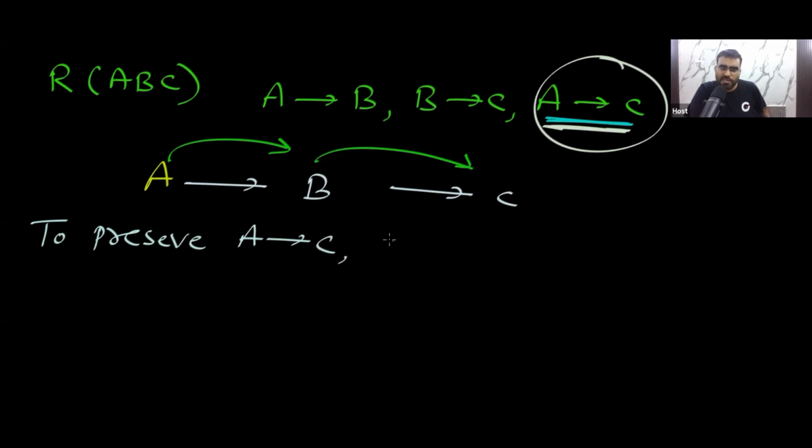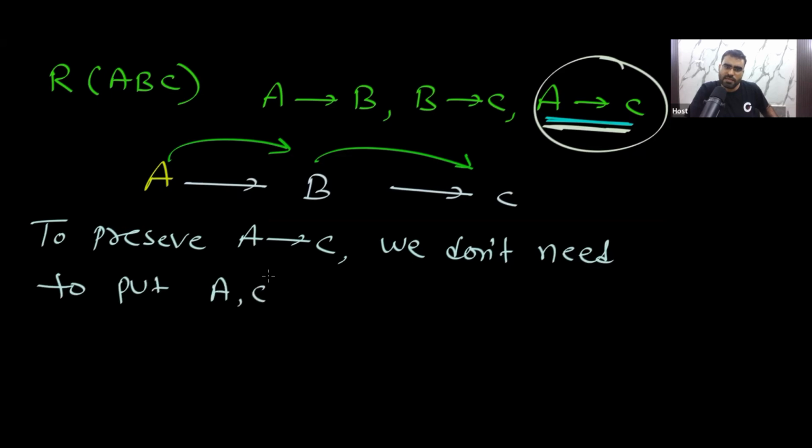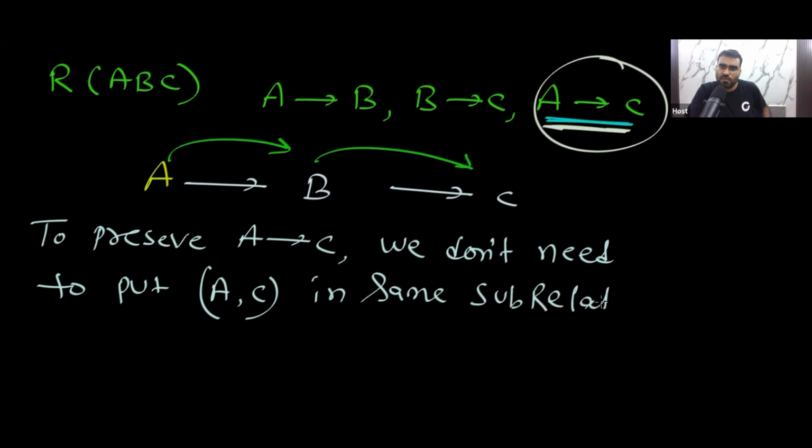To preserve A determining C, we don't need to put AC in the same subrelation. Yes or no? We can transitively preserve this.